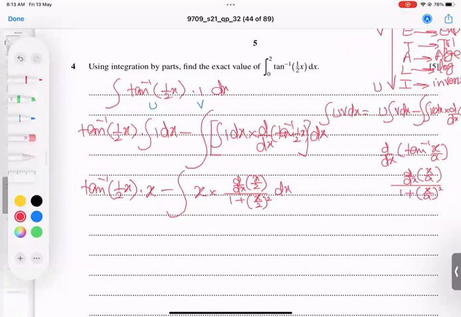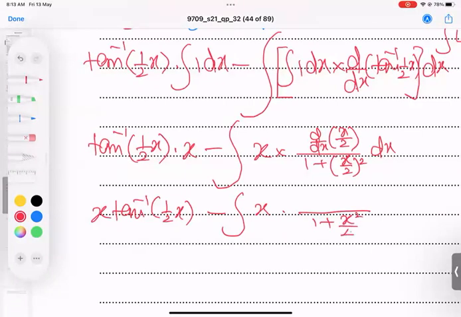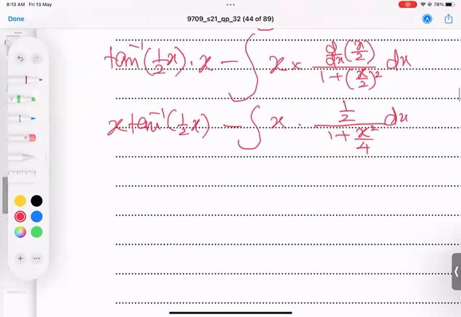Now I just simplify. This x you can write before even, no problem at all. Okay, now this is x. Here we can say 1 plus the square of x over 2, and the square of 2 gives you 4. And the derivative of half x is 1, so it becomes a half. So I think, okay.